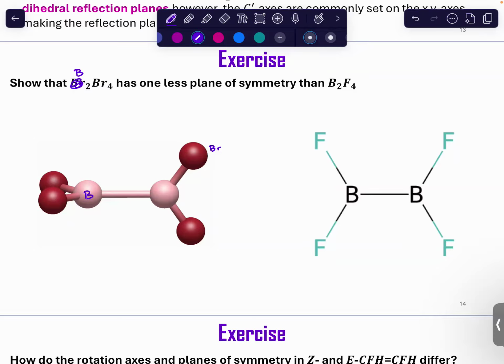Well, no, actually, that could be C2. Yeah, you're right. You said there's two of them? Well, actually, now there's three. I didn't account for that one. Can I do one going into the screen, and then that would just be C2?